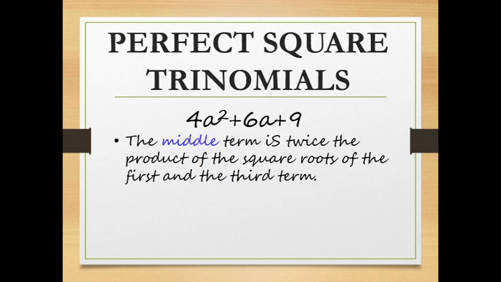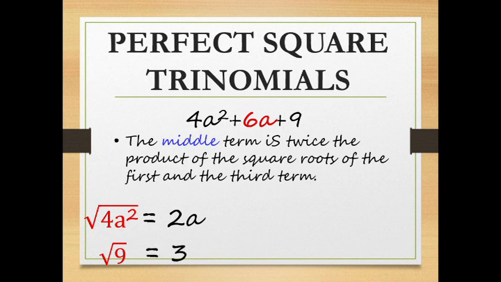Gawin naman natin yung pangalawa. The middle term is twice the product of the square roots of the first and the third term. Ang middle term natin ay 6a. Sabi natin kanina, yung square root ng first term is 2a and the third term is 3. I-multiply natin yung square root ng first and last term, 2a times 3. At syempre, huwag niyong kakalimutan yung times 2 kasi nga sabi natin twice the product of the square roots.